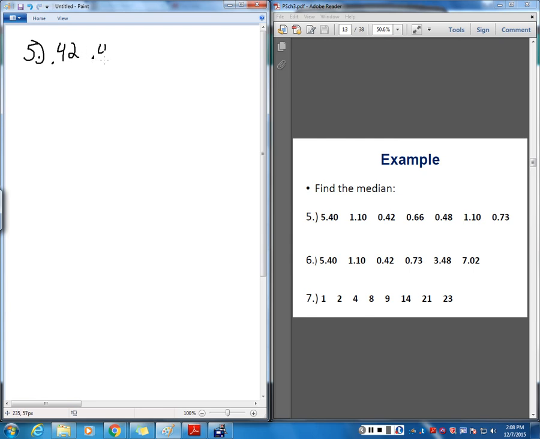Then 0.48, 0.66, 0.73, 1.10, 1.10, and 5.4.